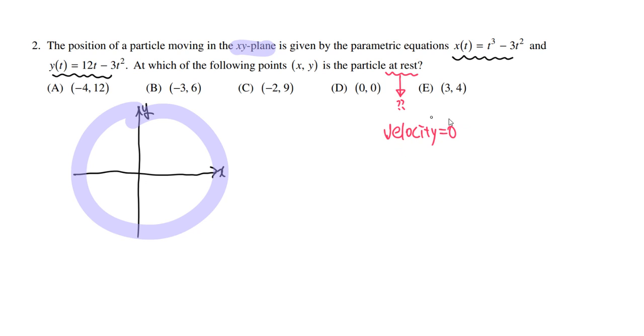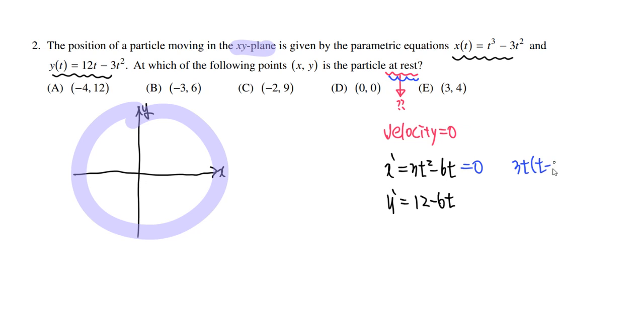So when the velocity equals 0, the x velocity and the y velocity should both be 0 simultaneously. So x prime is 3t squared and 6t, and y prime, the derivative of y, is going to be 12 and 6t. I'd like to set these equal to 0 because I have to find where the particle is at rest.